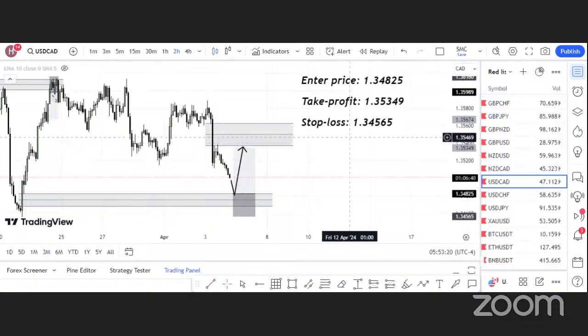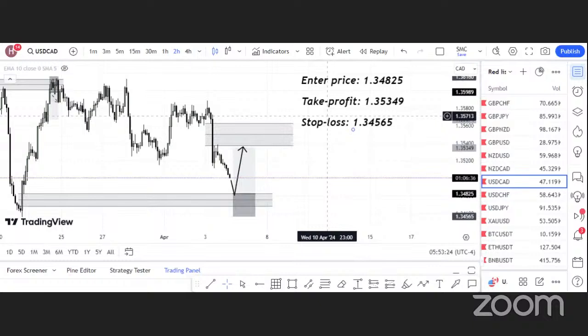So if you don't know how to set a pending order, just go to your market. Okay. Go to markets. Search for USDCAD. All right. And then click on buy.